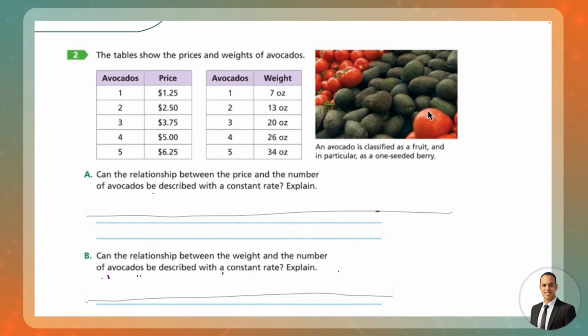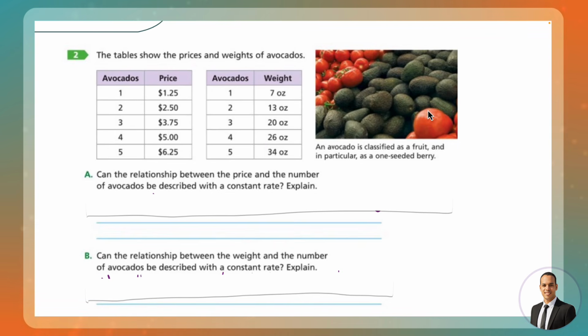Okay, second example. The tables show the prices and weights of avocados. The table on the left, you can see here, it's the number of avocados to the price, and on the second table, you have the number of avocados, but to the weight.